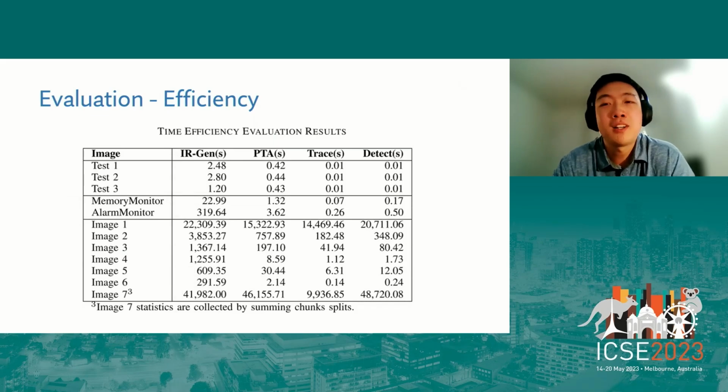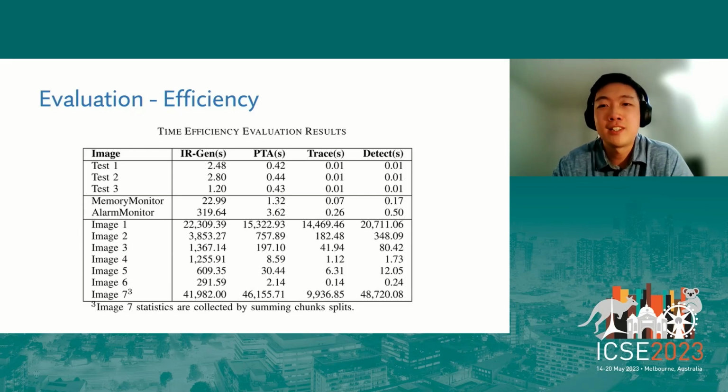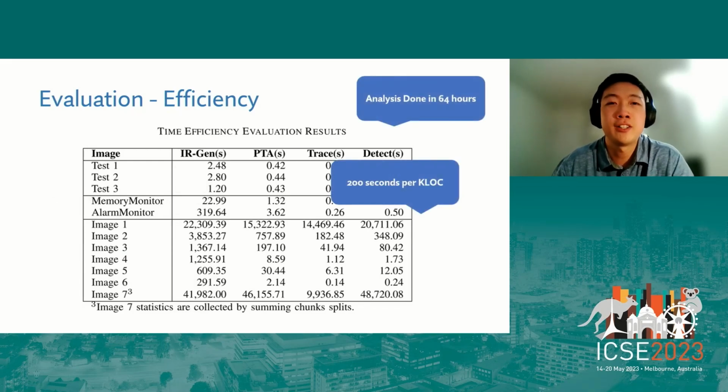We also collected the time consumption for the SmallIR generator, IRG, the time for the pointer analysis, PTA, and building the thread trace, as well as the data race detection. SmallRace took around 64 hours to finish analyzing all the benchmarks, on average 200 seconds per KLOC.